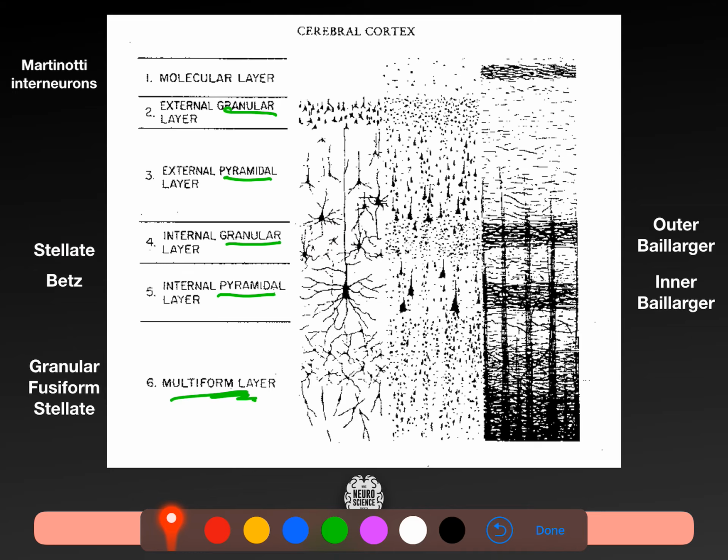I doubt there will be many histology questions, and functionally it's not that important unless you're going to do a PhD in the neocortex. But this is just something to be aware of. There are 6 layers. There are 2 horizontal bands for these longitudinal columns. 2 of the big cell structures you need to know are pyramidal cells and granular cells, Betz cells and stellate cells. Then there's a mixture of these cells, apart from the pyramidal cells, down in layer 6.